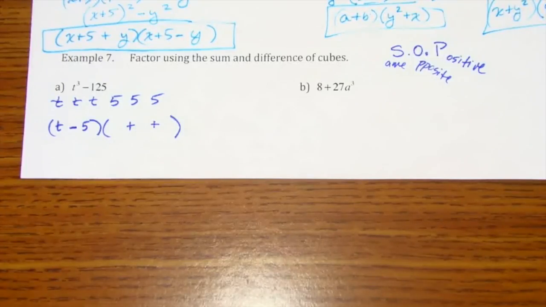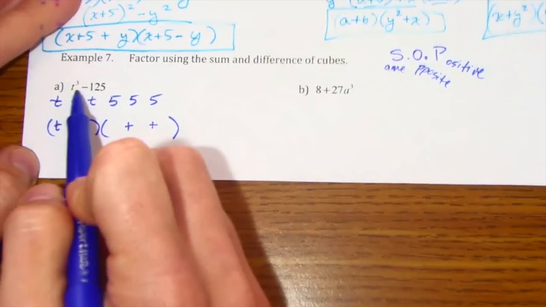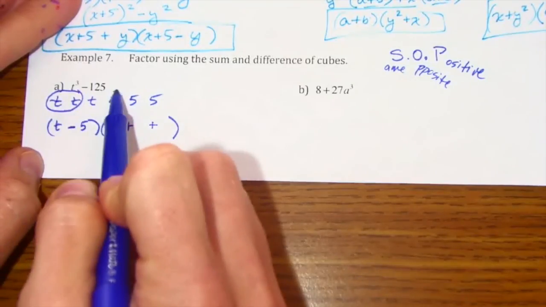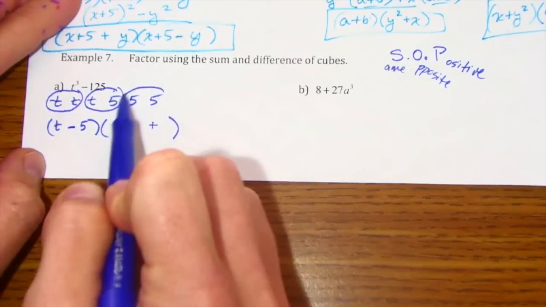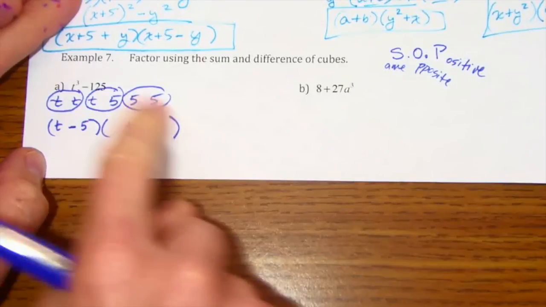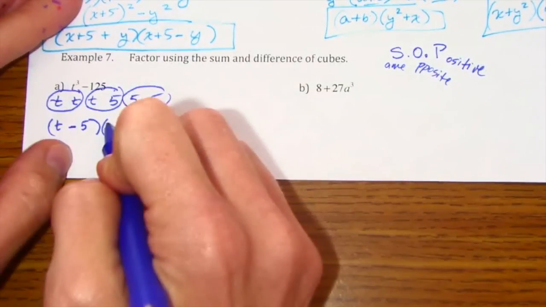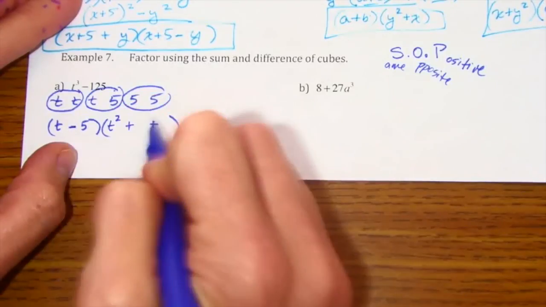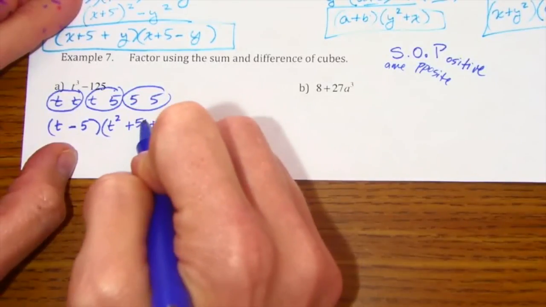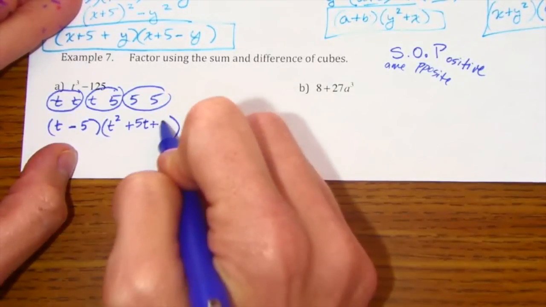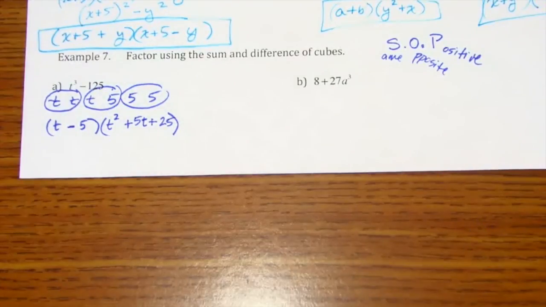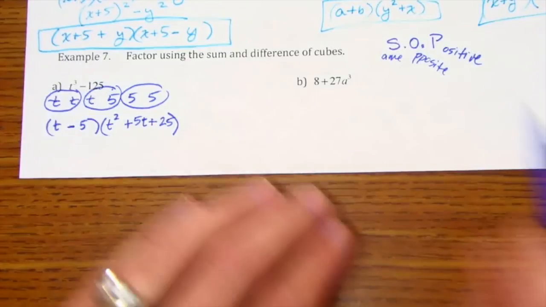In the trinomial, you are going to put in the products of these three circles here. You're going to take these values and pair them up. T times t is t squared, t times 5 is 5t, and 5 times 5 is 25, done. See how that worked?